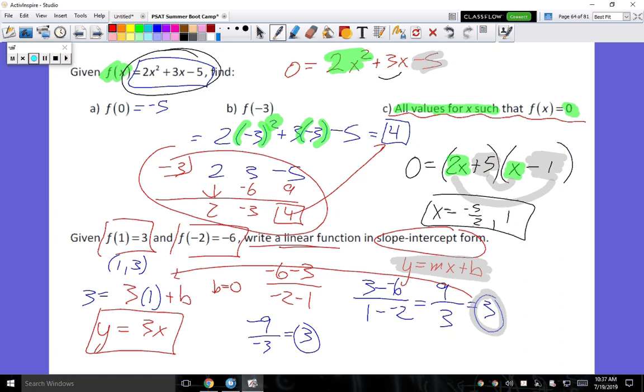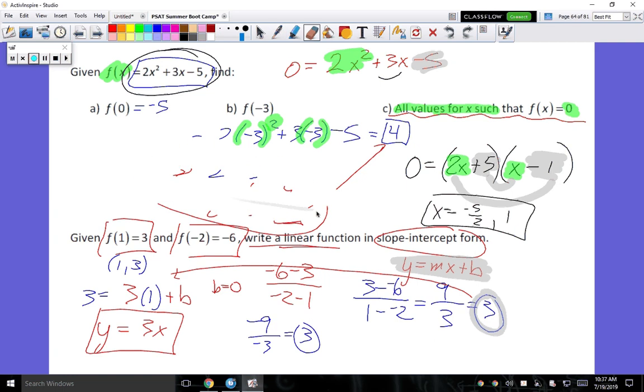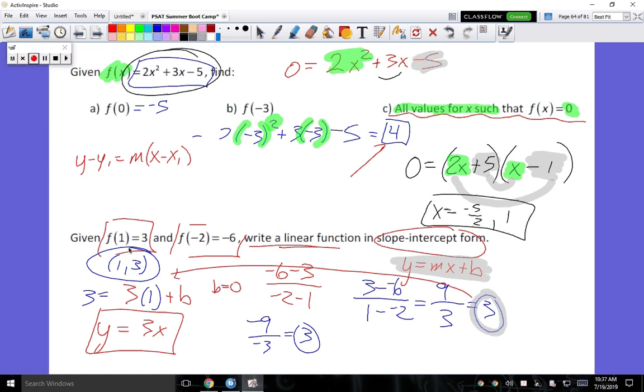Or, I don't think they're going to be that easy. I hope that you go for the point-slope formula. Okay? y minus y1, because you use this all year in calculus. Might as well get used to it now. If we use the same point, it'd be y minus 3 is equal to the slope of 3 times x minus that x value. You with me?